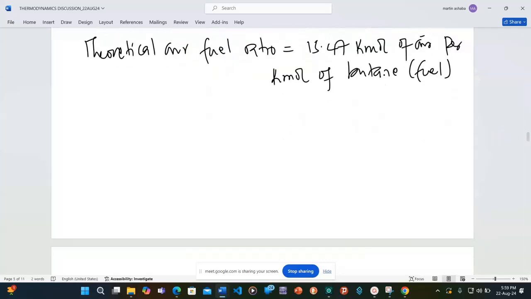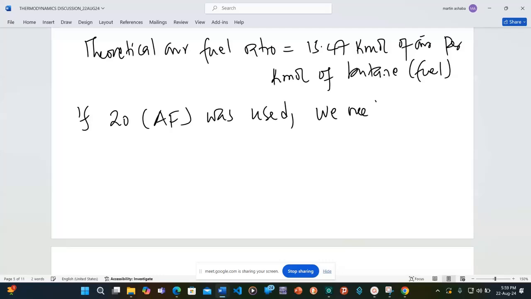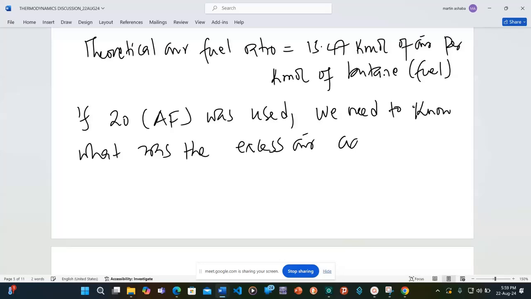So if 20 as the air fuel ratio was used, we need to know what was the excess air added.